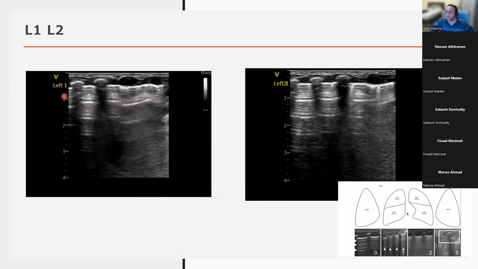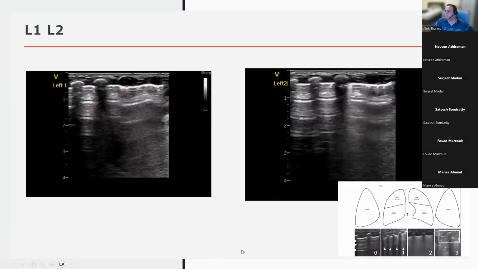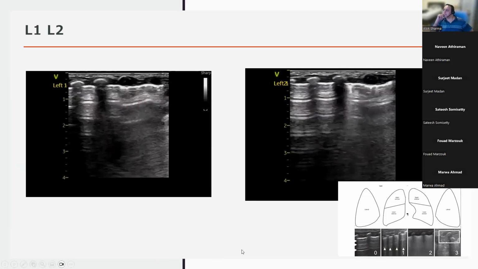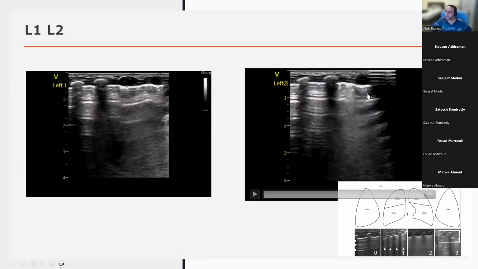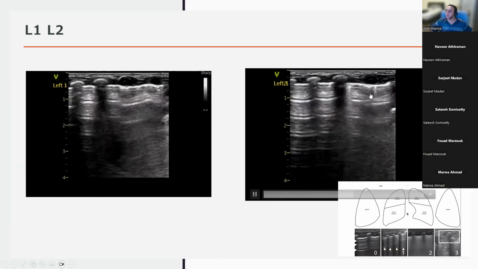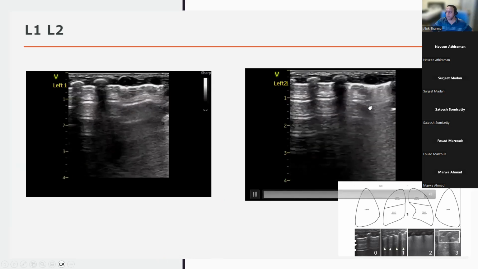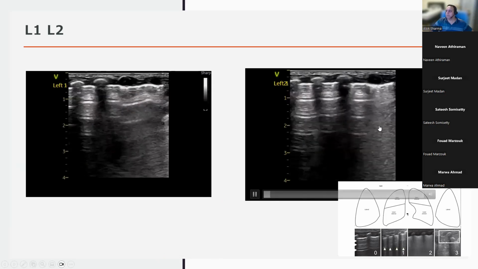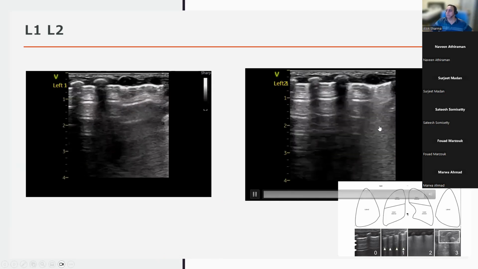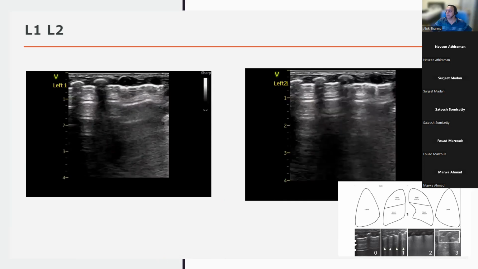This is L1. What about L2? Let's have a look. L2 also has a similar picture where the batwing sign is present, and we can see 3 to 4 intercostal spaces. The pleural line is sliding.